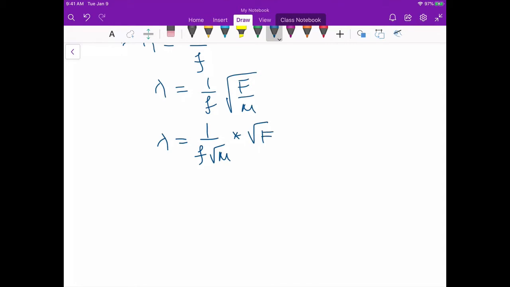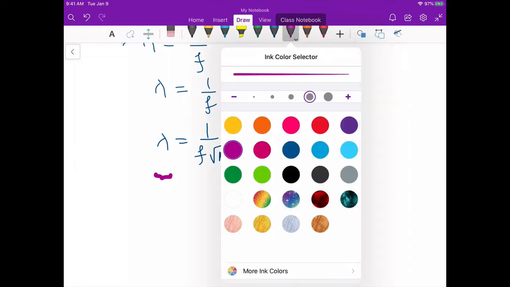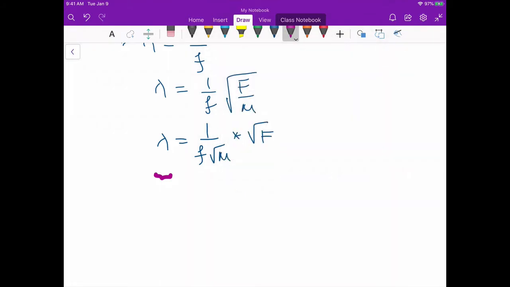This equation is very similar to a simple linear equation, y equals m times x.